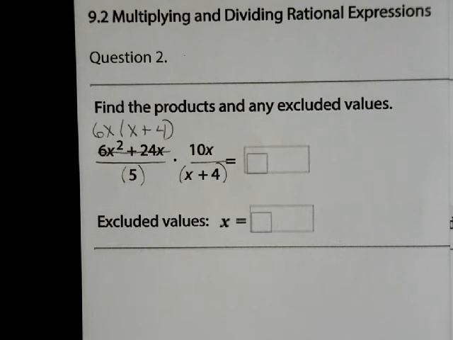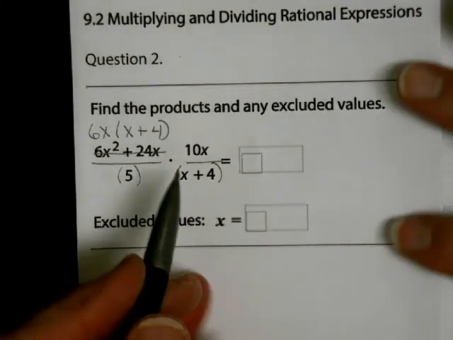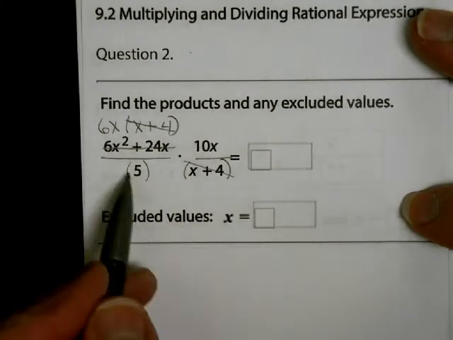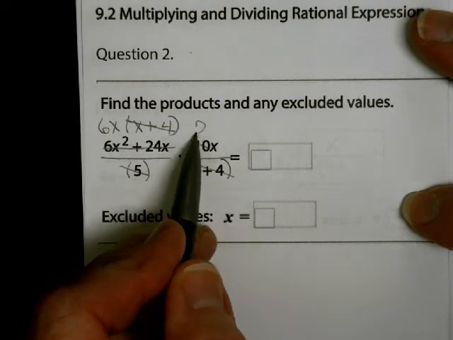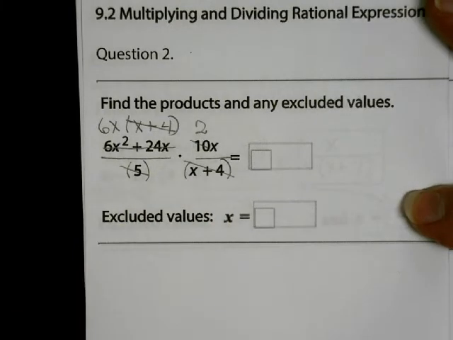Always got math, algebra, love it. You get the answer key right there. And always check your work. If you write good notes, you can troubleshoot. So we cancel what we can, and 5 goes into 10 twice.